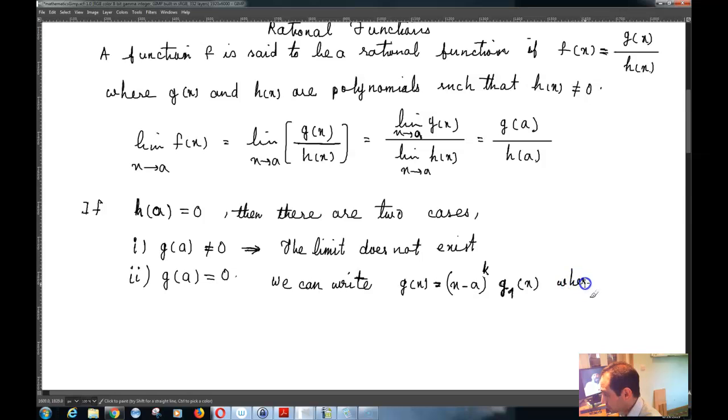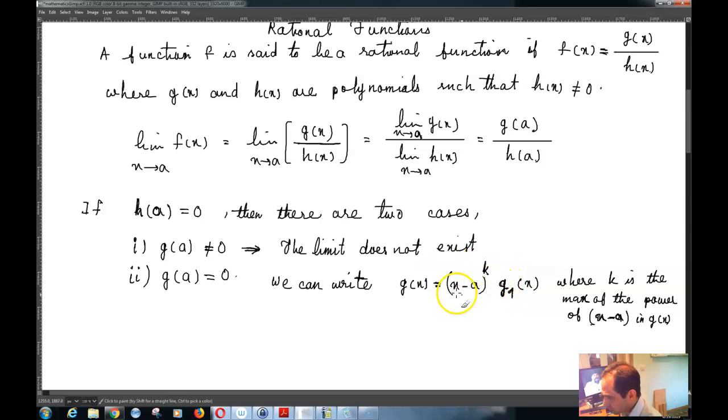Where k is the maximum of the power of x minus a in g of x. We will see what that actually means. It's not very easy to understand this thing unless you actually use it.